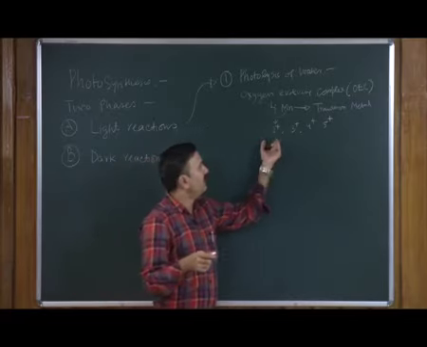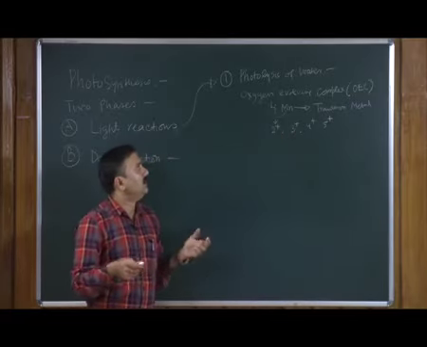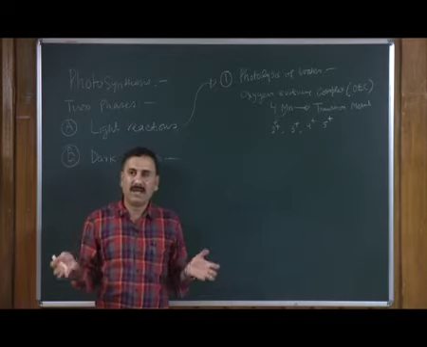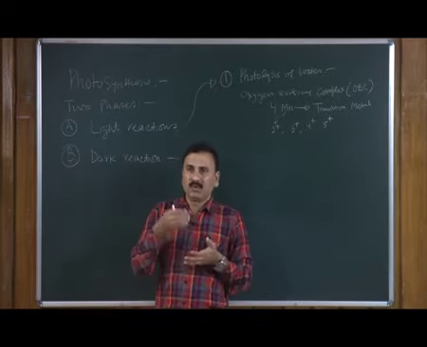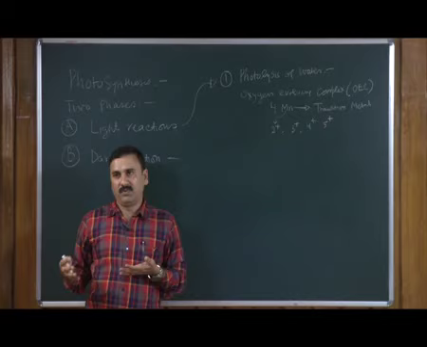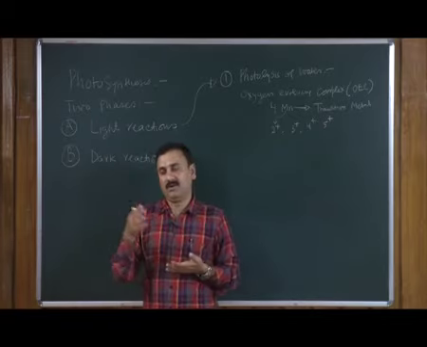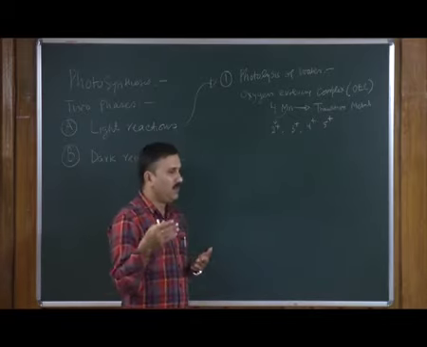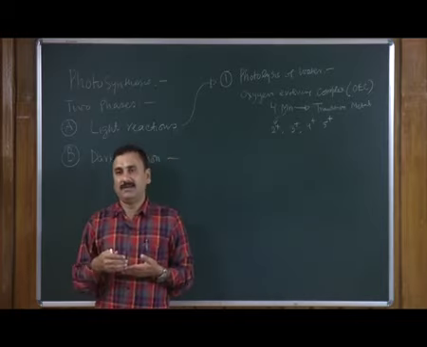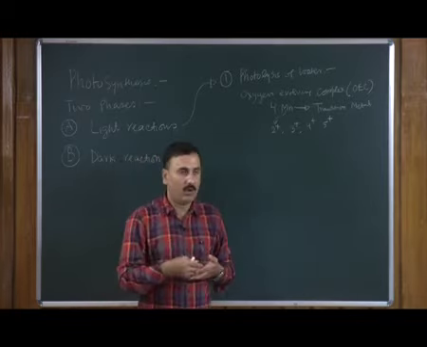Because of this ability of manganese, the oxygen evolving complex utilizes it to split the water into two components. One is oxygen and the other one is proton. In this process, chloride as well as calcium are also involved.